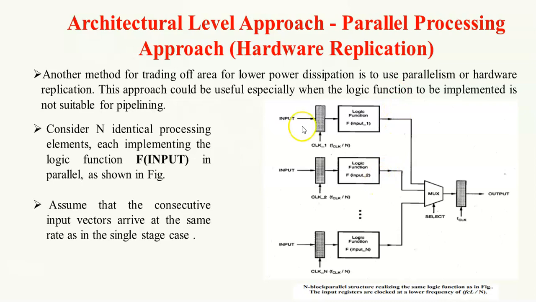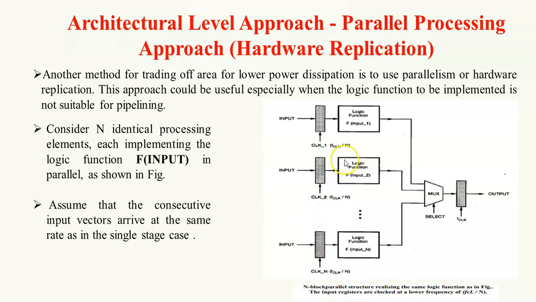In this parallel processing approach, let us see the diagram, that is the structure for the parallel processing approach. It consists of n identical processing elements, each implementing the logic function f of the input. The input is given to the input register, and each of the n inputs is given to the input register with clock 1, clock 2, up to clock n.